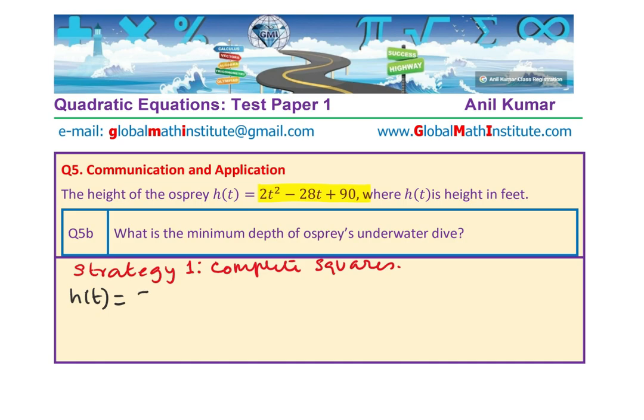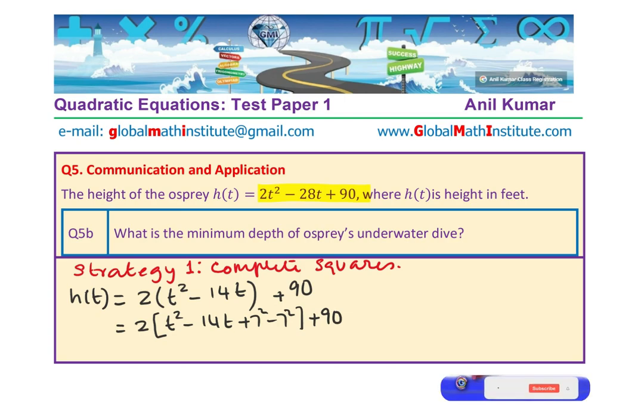So factoring 2 will give us t squared minus 14t, and we'll keep this 90 separate. To make perfect squares, I'm using square brackets now. We'll add half of 14 squared and subtract that. So we get t squared minus 14t plus 7 squared minus 7 squared plus 90.